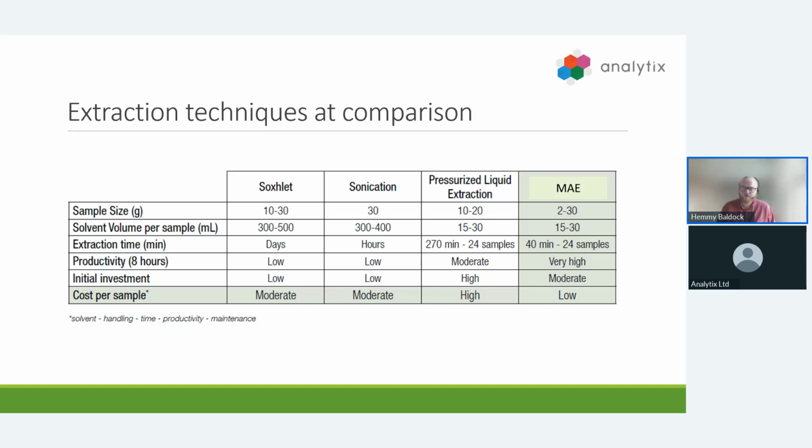You have the ability to simultaneously extract 24 samples in 40 minutes, offering high productivity over an 8-hour workday. At a moderate initial investment value with low operating costs per sample, microwave-assisted extraction as a technique provides high-quality data, high productivity, and a great return on investment.